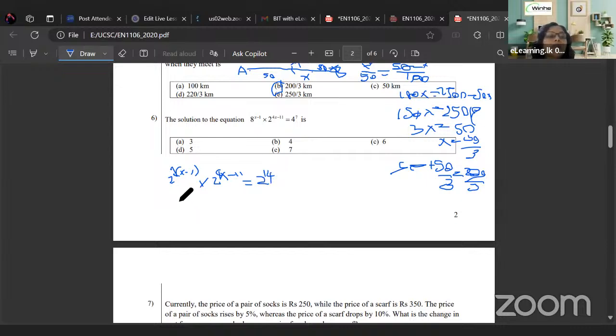Right. Now you know the bases are equal, then the indices are same. You can equate the indices.